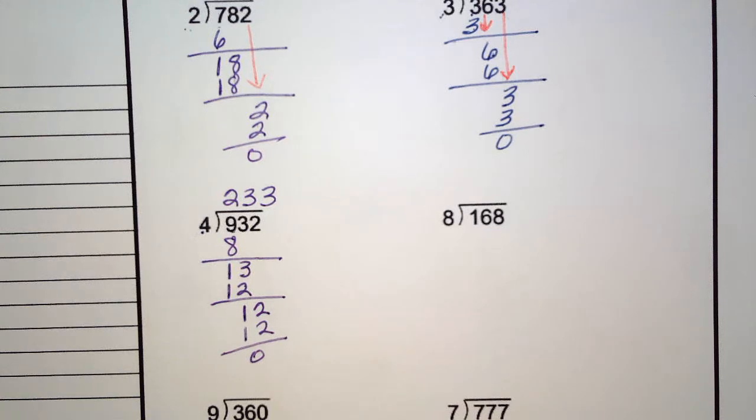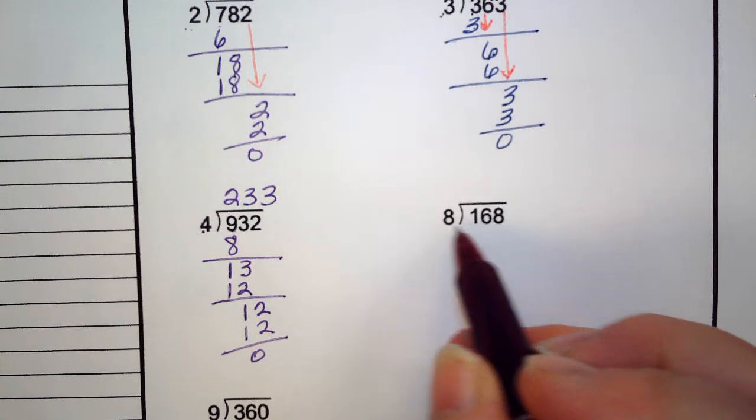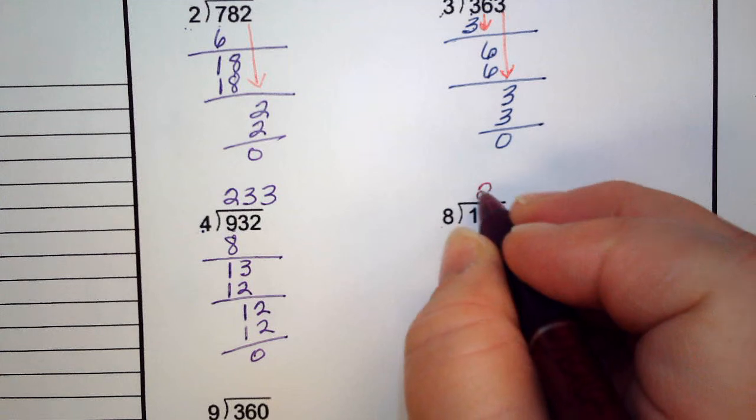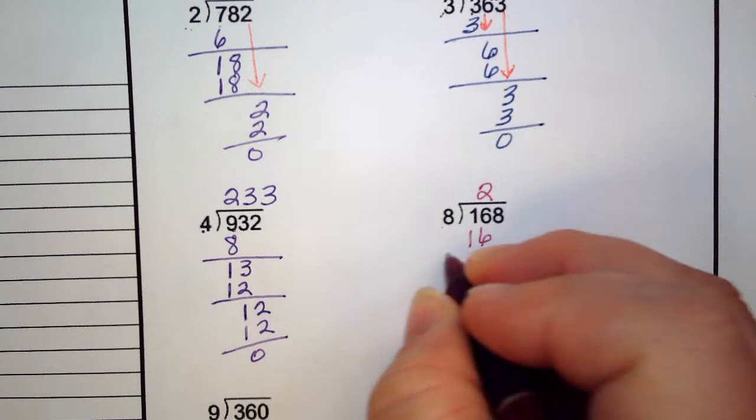Divide, multiply, subtract, bring down. Repeat. For the next one, divide. 16 divided by 8 is 2. Multiply. 2 times 8 is 16.